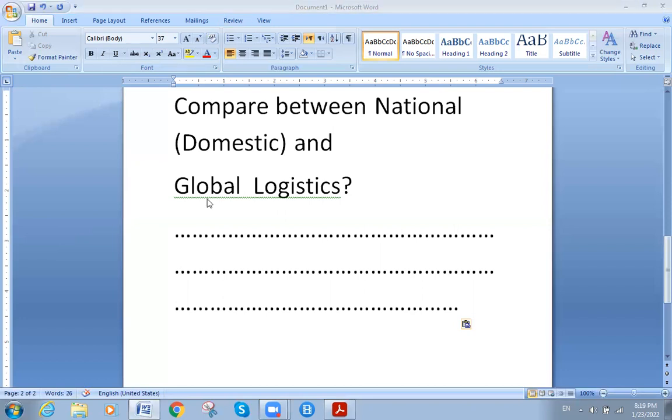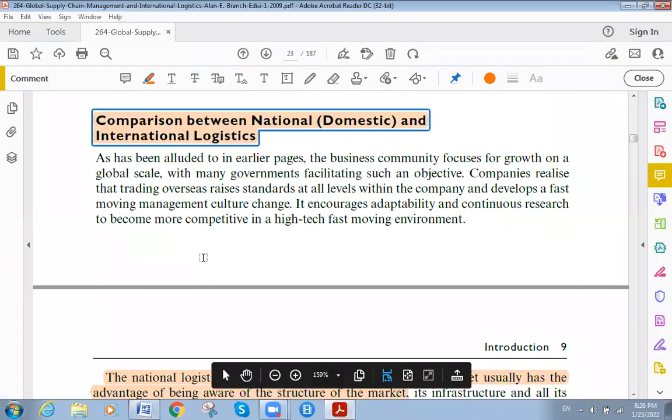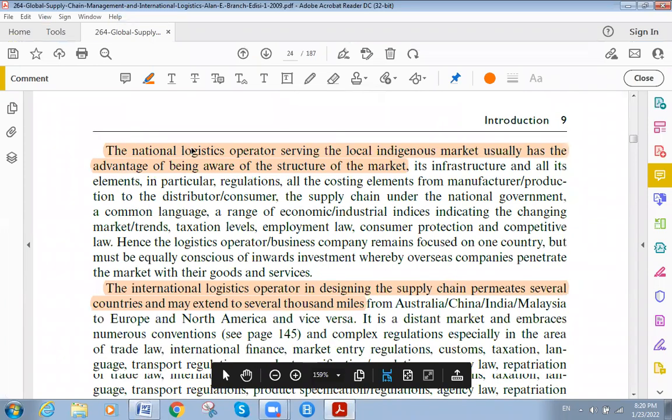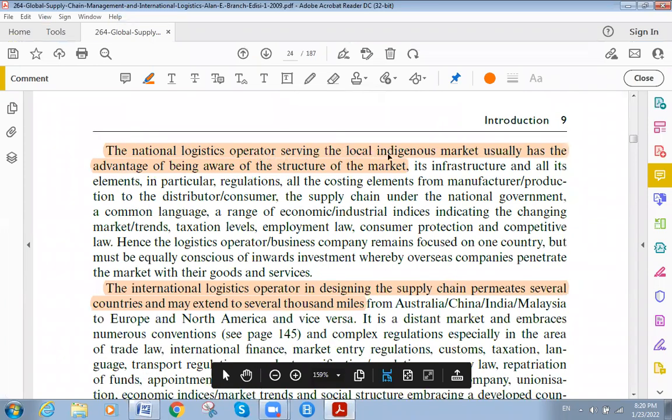Compare between national, domestic, and global logistic. Like we see here, we said the difference. The national logistic operator serves the local indigenous markets only, but the international or global operator works between countries or overseas.